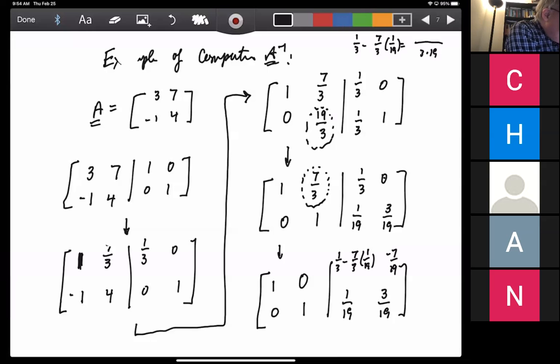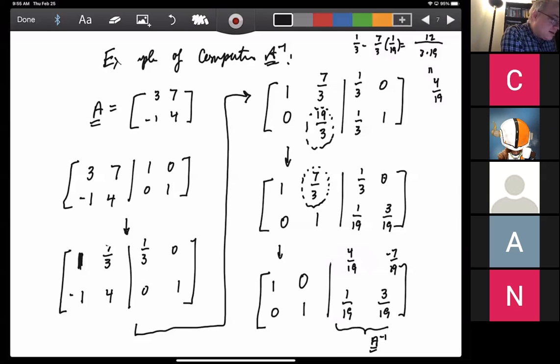So we'll have 19 minus 7 on the top, or 12 on the top. I can cancel common factors of 3 on top and bottom, and I'm left with 4 over 19 there. All right, so this should be the inverse of our original matrix.